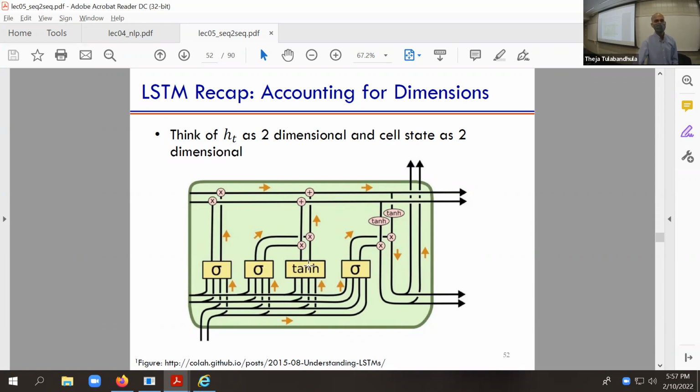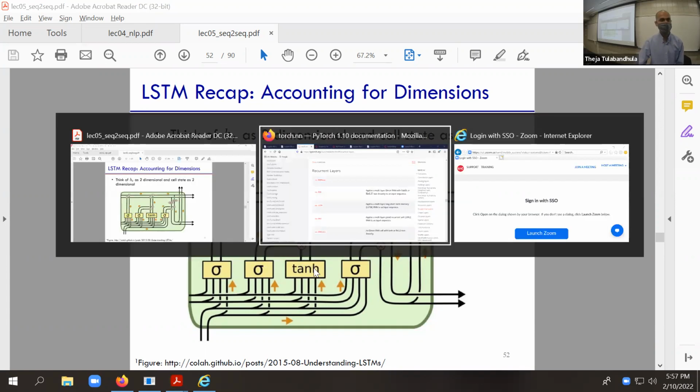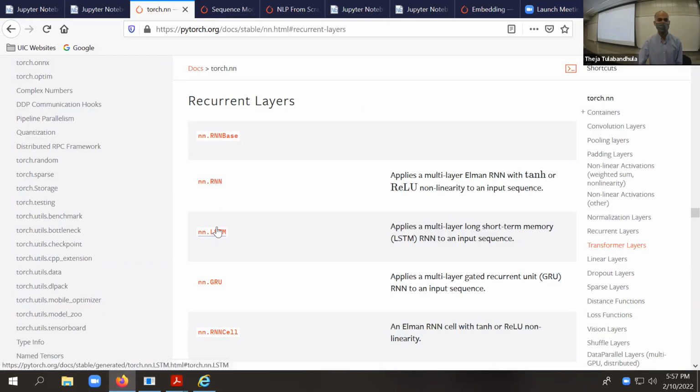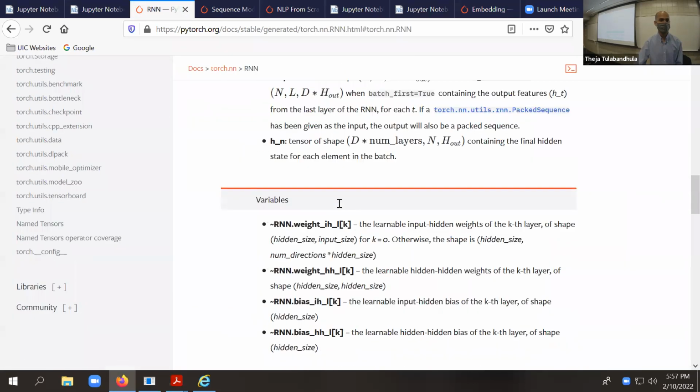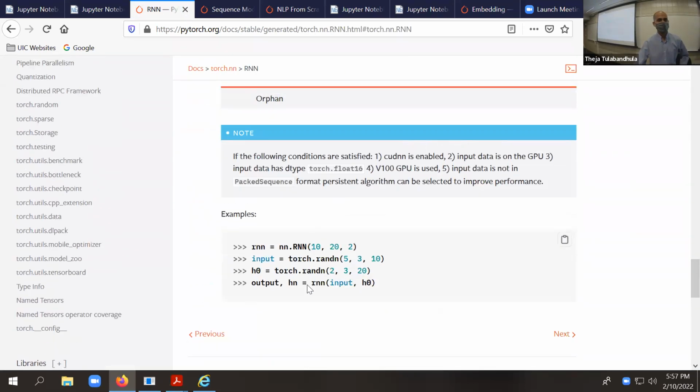Okay. Yeah. So generally, when you instantiate something like nn.LSTM, or let's say nn.RNN, it shows you here how you instantiate an RNN block. That's a block, and you give an input and produce an output.